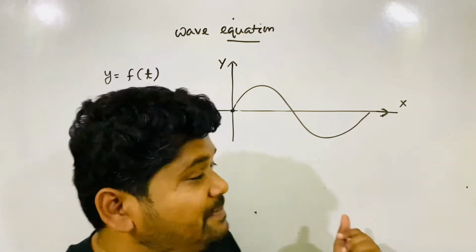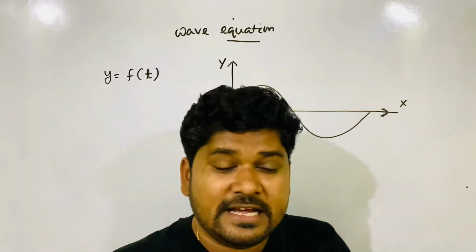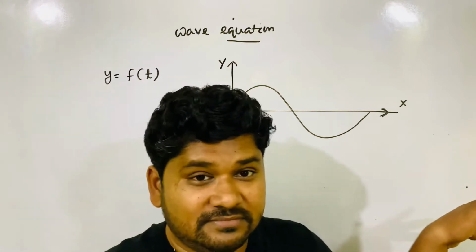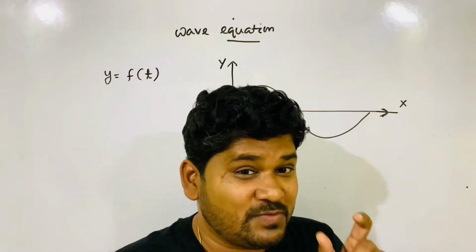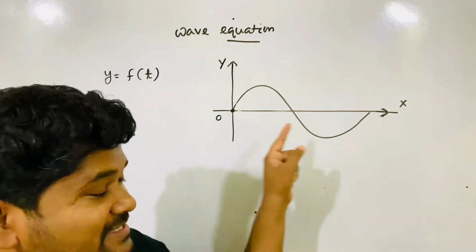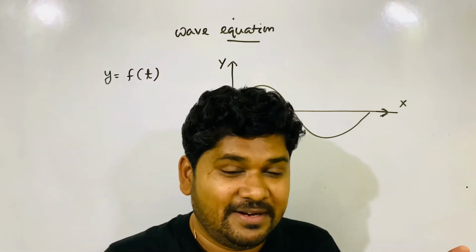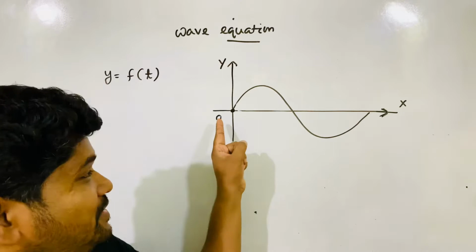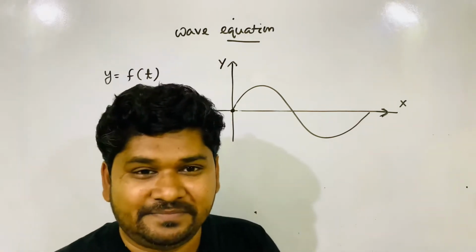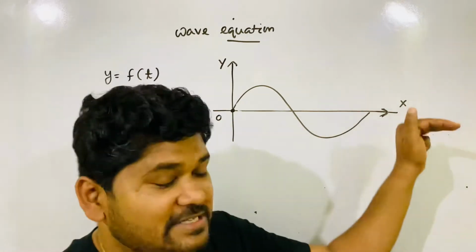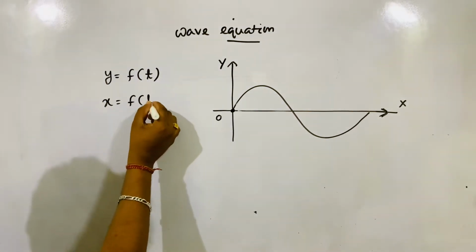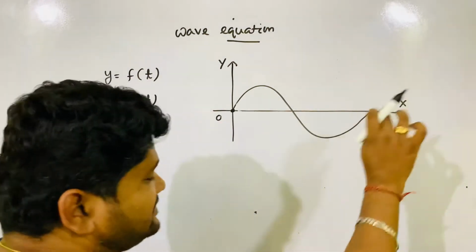Remember this sentence: the particles oscillate, that's true, but one after another. The disturbance moves from one particle to another. So this x also varies with time; x is a function of time which gradually increases.